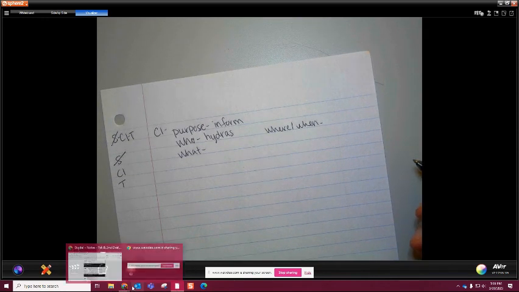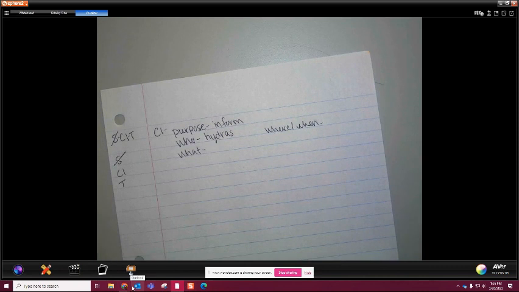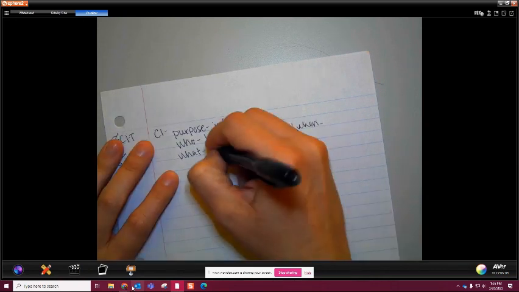So then I get to the next part, like, what about the Hydras? What are they trying to say about the Hydras? What they're saying about them is basically talking about how they can create new cells. I don't know how to say this. Create new cells or body parts to live longer, maybe. So we can say that.